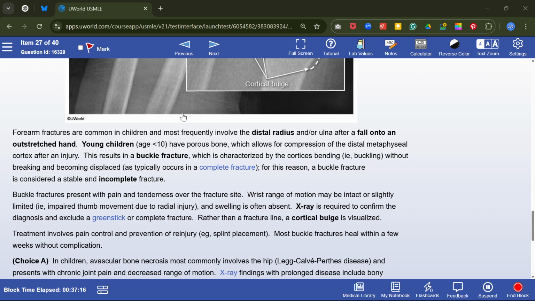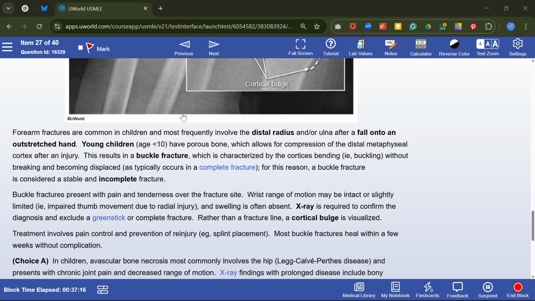The result is a buckle fracture, which is characterized by cortices bending and buckling without breaking and becoming displaced, as typically occurs in a complete fracture. For this reason, a buckle fracture is considered a stable and incomplete fracture. Buckle fractures present with pain and tenderness over the fracture site.